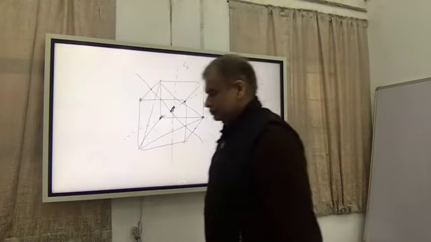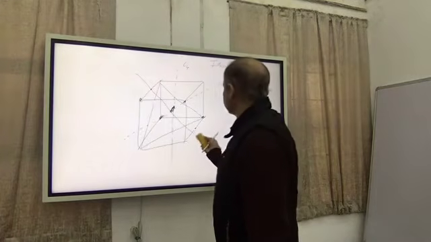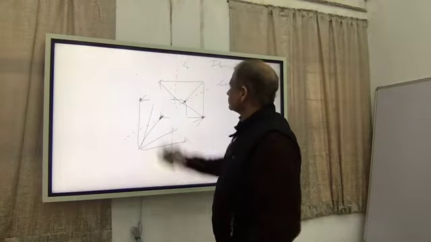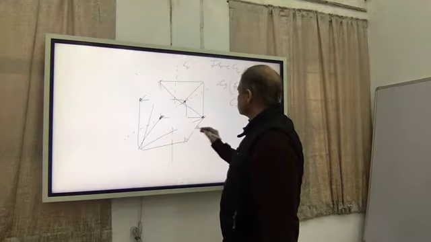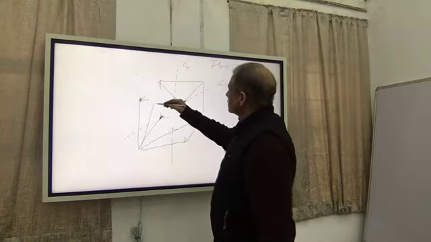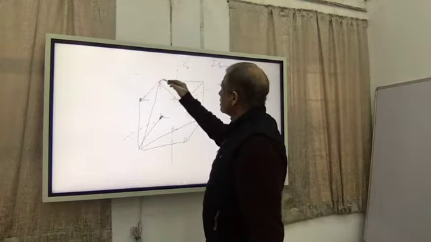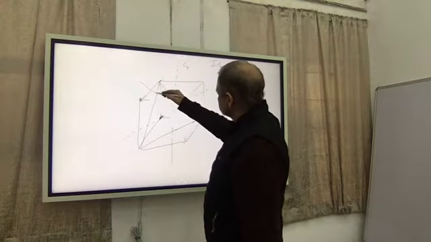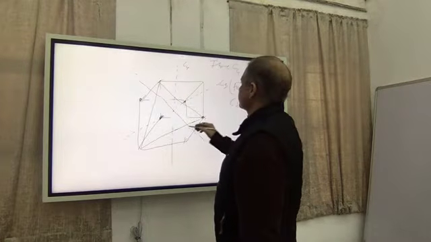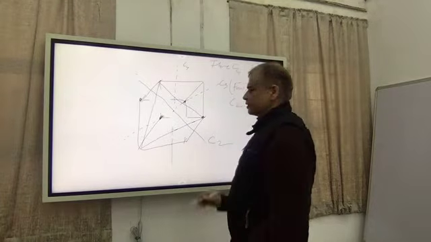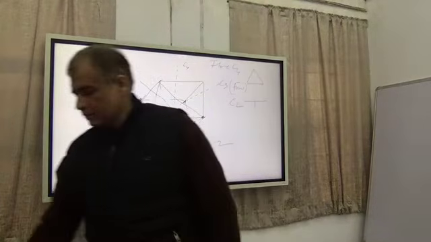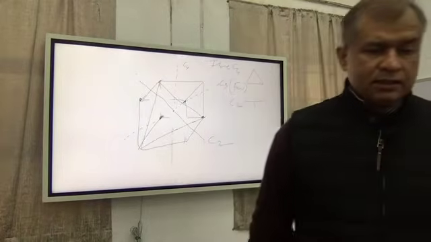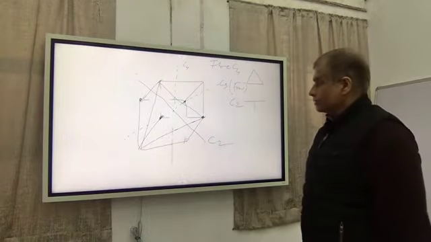Mind you, centers of opposite edges. That is this. This is the C2 axis. If you rotate the entire cube around this axis by 180 degrees, you will get a similar orientation.